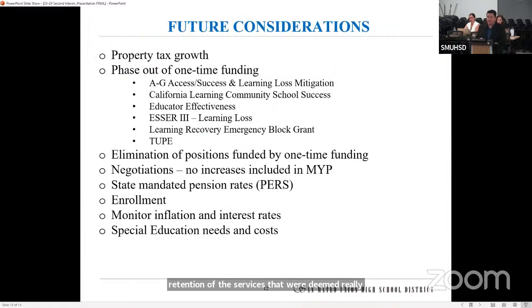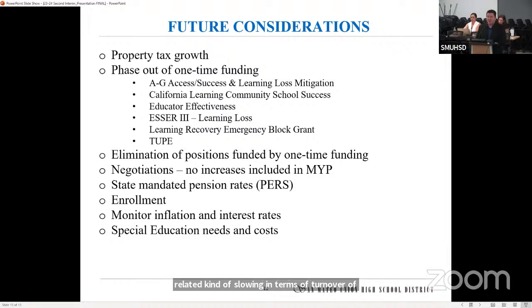to support the retention of the services that were deemed really critical to keep that were made by those COVID expenditures. In terms of future considerations, what keeps me up at night, number one, property tax growth. We continue to watch daily the property tax growth on the assessed value tracker. We are seeing impacts of higher interest rates and related slowing in terms of turnover of property.